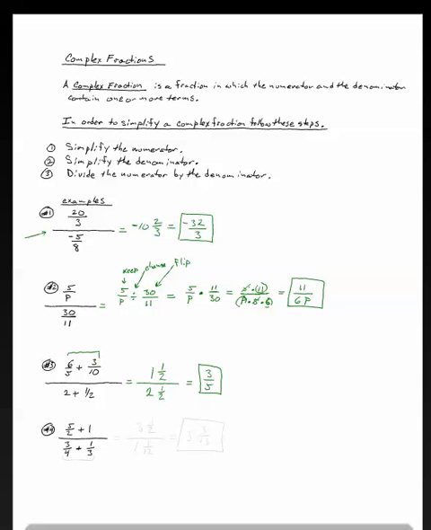For number 4, we get 5/2 plus 1 divided by 3/4 plus 1/3. Remember, we have to simplify the numerator and denominator first. The first thing I'll do is this 5/2 plus 1. So I do 5, fraction button, 2, right arrow, plus 1, enter. And it gives me 3 and 1/2.